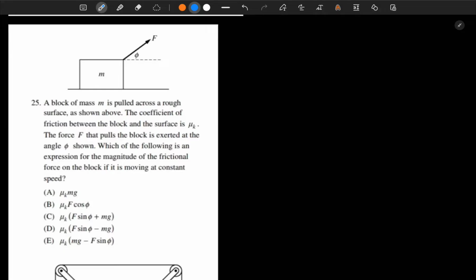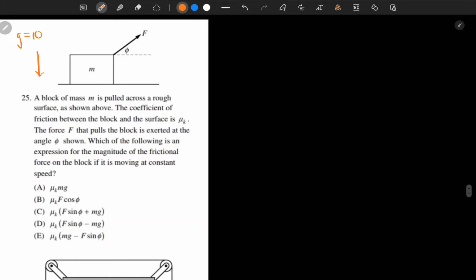Well, let's look at the forces acting on this block, where for convention, we know that g is equal to 10, and that g, the gravitational acceleration, points down. Since 10 is positive, we'll assume that the down direction is positive. So this is the positive y direction, moving down.